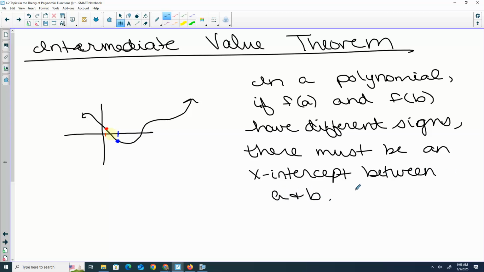So there is some number between them that I could plug in and make that entire graph equal 0. It will hit the x-axis.